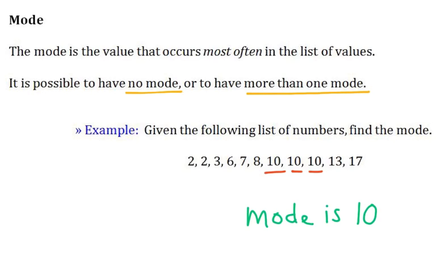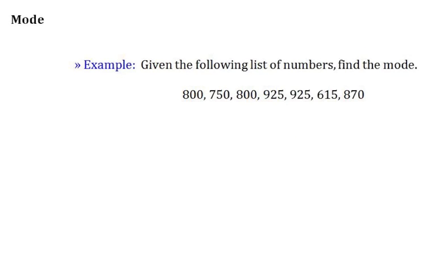Okay, so second example of finding mode is this list now. We have 800, 750, 800, 925, 925, 615, 870. And for finding the mode, you don't have to have the numbers in order. You surely are welcome to put them in order, but it's not a requirement when finding the mode.